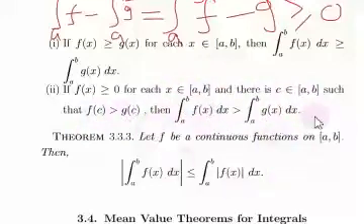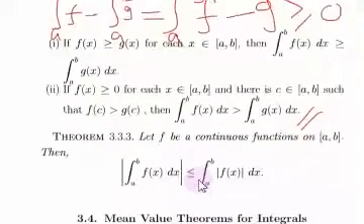This one is clear. And the other one is, f is a continuous function on ab, then this one is true. You can show this one. We can do this theorem very easily. I will do a video on this next time.